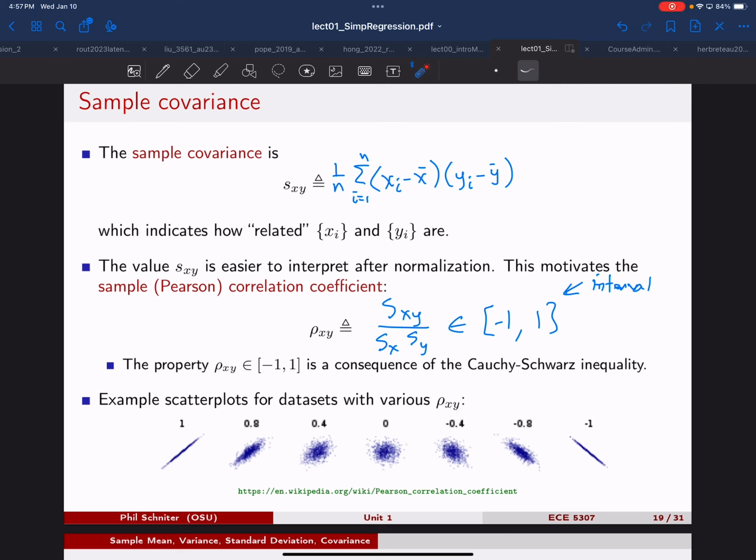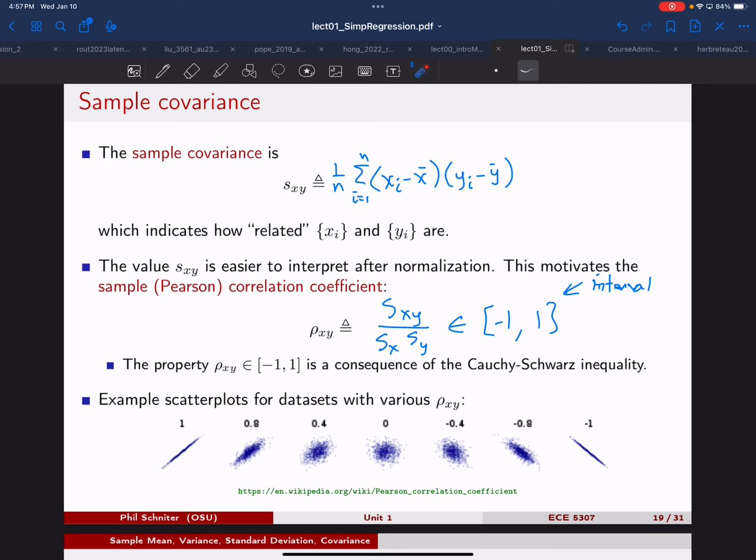As those points start to deviate from the line a bit like this, this normalized correlation starts shrinking towards 0. As it gets fatter and fatter, eventually, when you get to 0, there's no particular trend. It's not really on any line at all. It's just kind of a circular cloud. Then, as you get closer and closer to a line with negative slope, this correlation coefficient gets closer and closer to -1. Okay, so here you can kind of see a range of values.